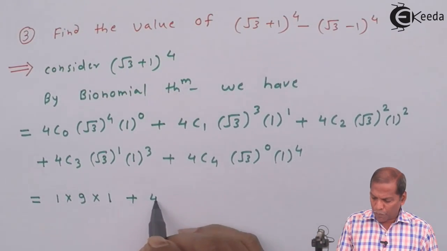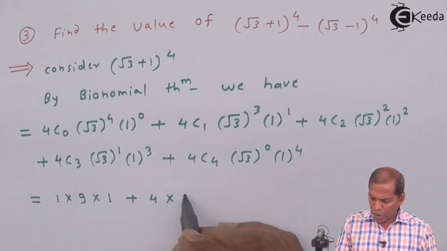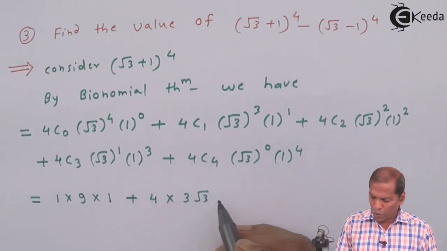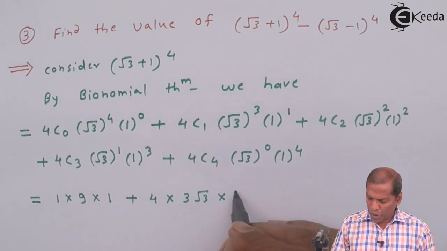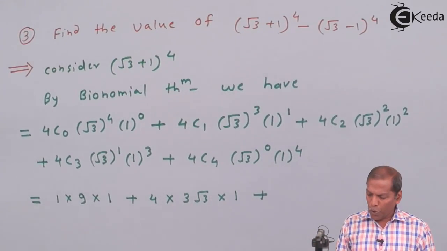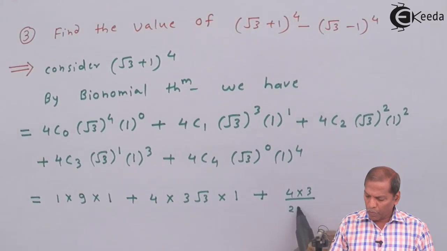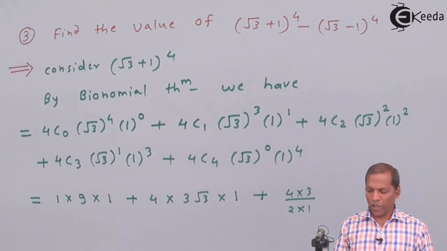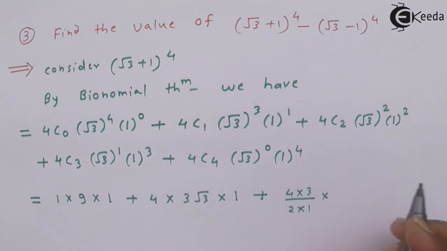4c1 gives us 4 into root 3 cube, that gives us 3 root 3 into 1 raised 1, so that gives us 1, then plus now 4c2, that is 4 into 3 upon 2 into 1 into root 3 square gives us 3 into 1 square gives us 1.